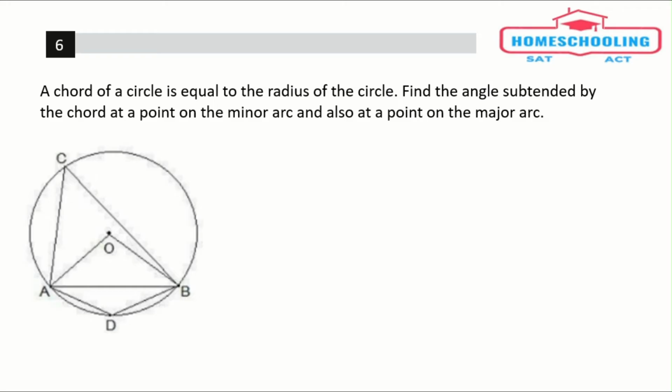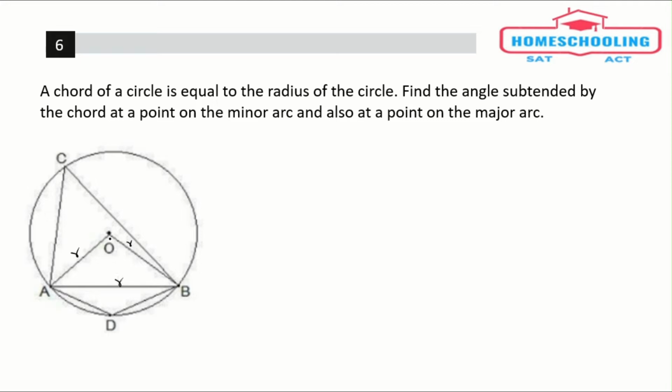Now let's come to the next question. A chord of a circle is equal to the radius of the circle. This is the chord AB, equal to the radius. So if this is a radius, this is also a radius, and the length of the chord AB is also equal to the radius.